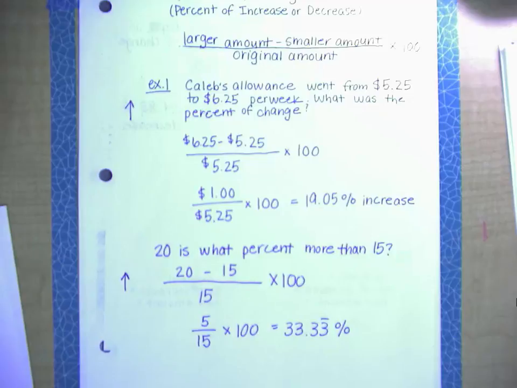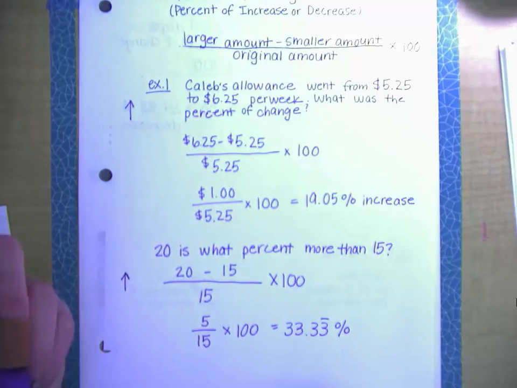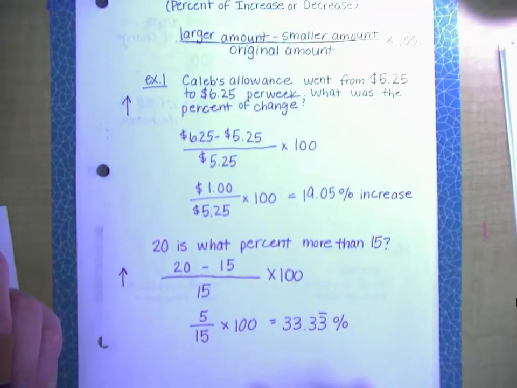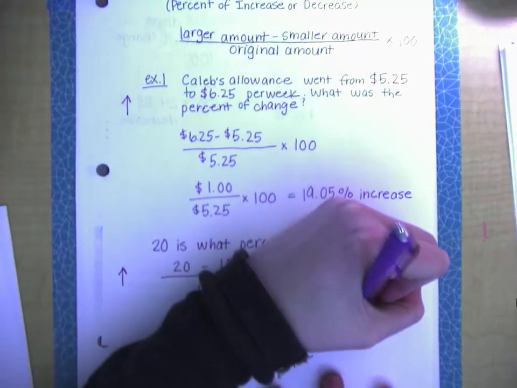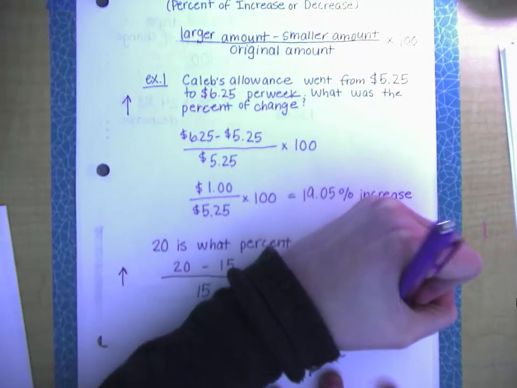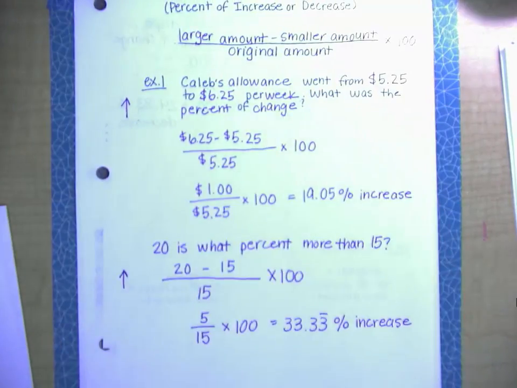So I would write that as 33.33 repeating percent. And was this an increase or decrease? That was an increase. Okay? That should have been pretty familiar.